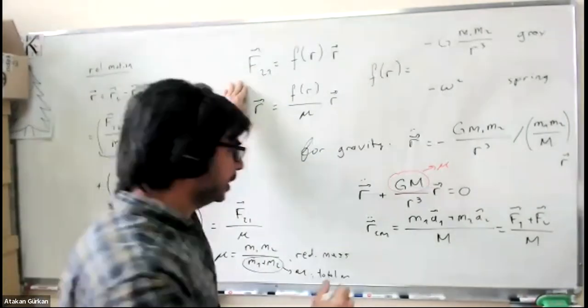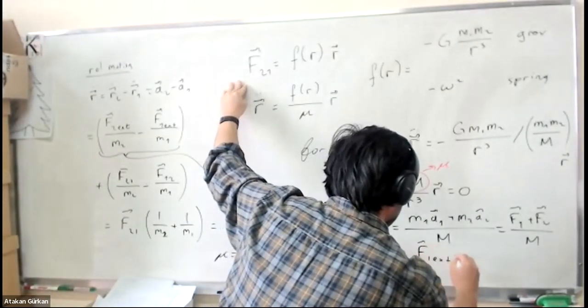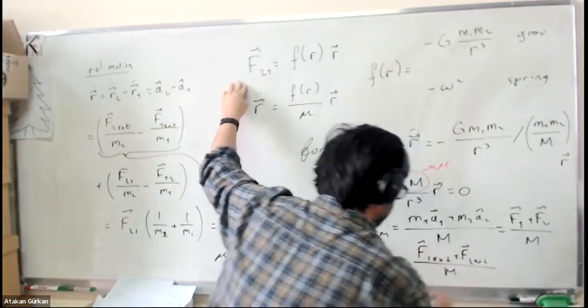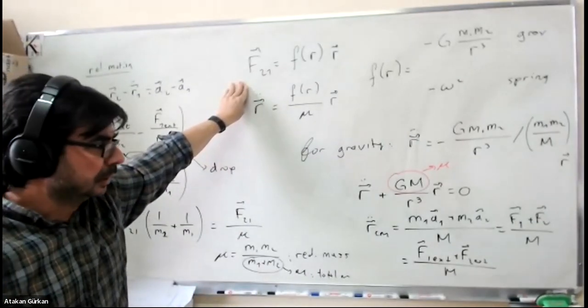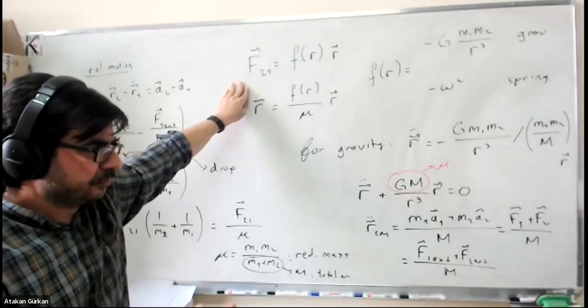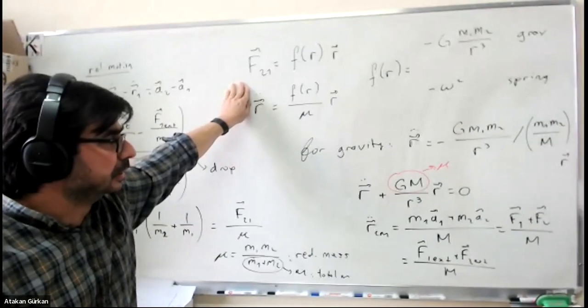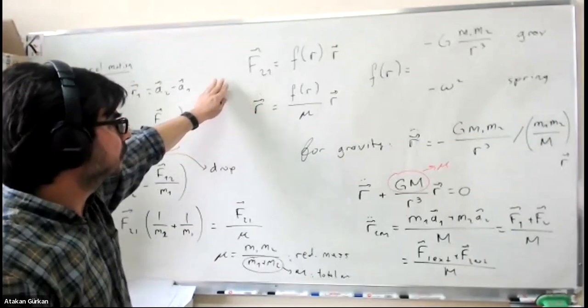We're just going to end up with F1 external plus F2 external divided by the total mass, which is what you already know: the center of mass is going to accelerate at a rate of the external force divided by the total mass. Okay. So this is one way to go about it.